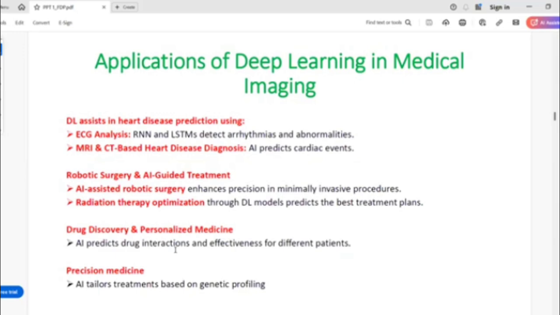We have ECG analysis, again an image, and MRI and CT based heart disease diagnosis. If you keep all this on one side, the other side is personalized medicine or personalized treatment, happening with the help of deep learning techniques, one of the major applications of deep learning in medical imaging, which we sometimes call precision medicine.